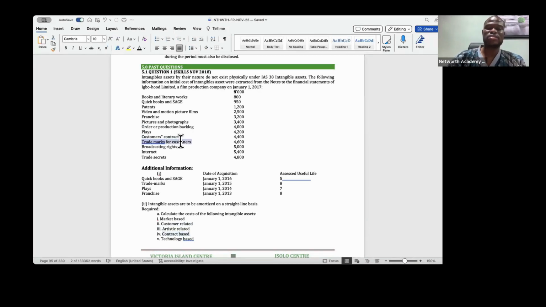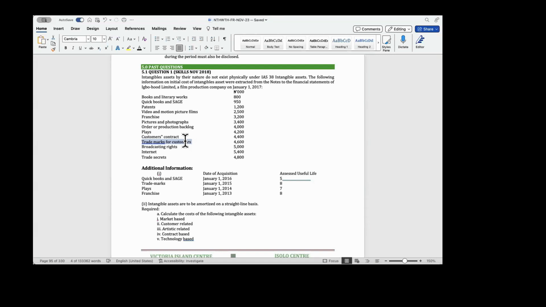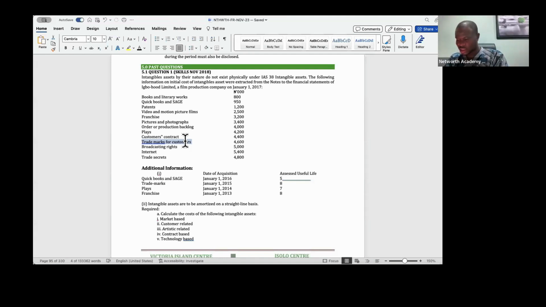Then what about trademark? Where can it be? Can it be market based? Why do you want to put it as market based?